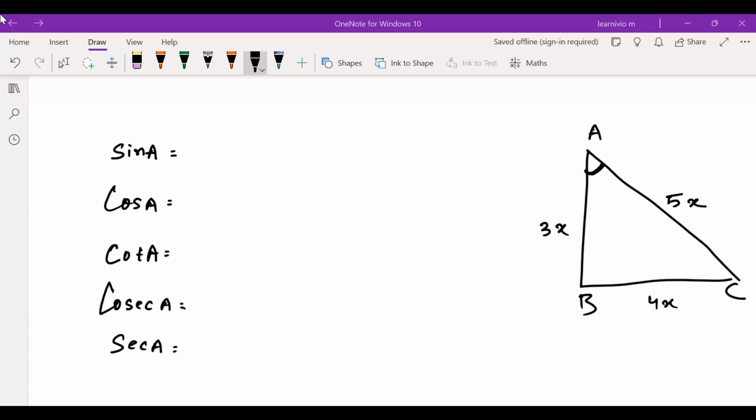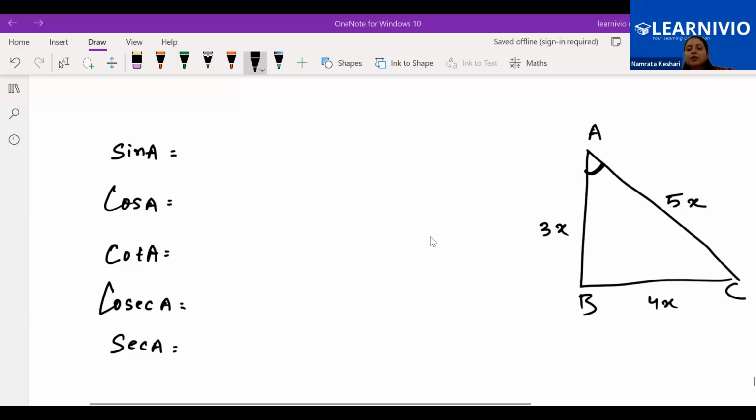Ma'am, for sine A, will it be 4 by 5? Are you able to find it?